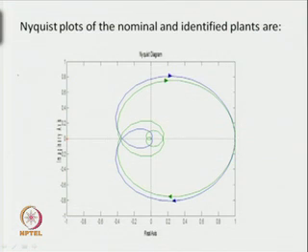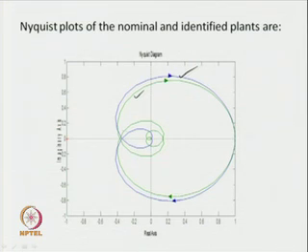The Nyquist plots of the original plant and the identified plant are plotted and shown over here. So, if there is no significant difference between the two plots, then one can conclude that the identified model truly represents the dynamics of the actual process.